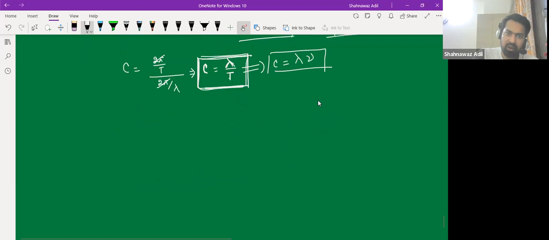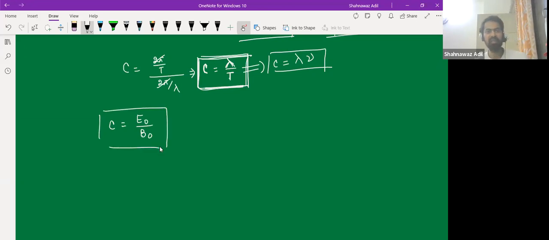Okay, and there is also this important relation that your C is also E naught by B naught. This tells us that in vacuum, the wave propagates at the speed of light. This is an important relation, and we also know that C is 1 by root of mu naught epsilon naught.